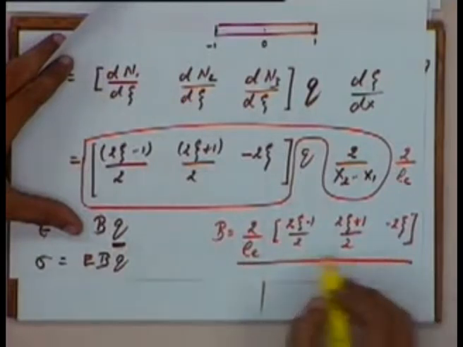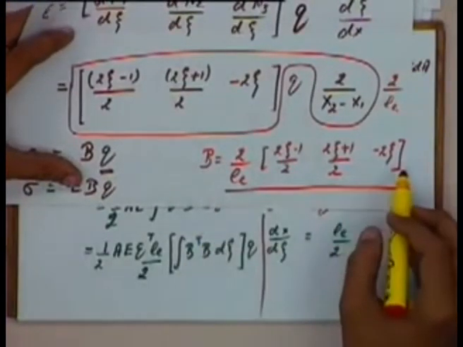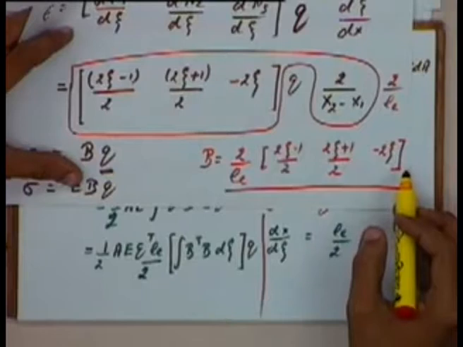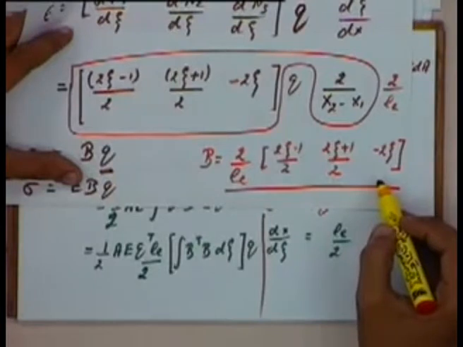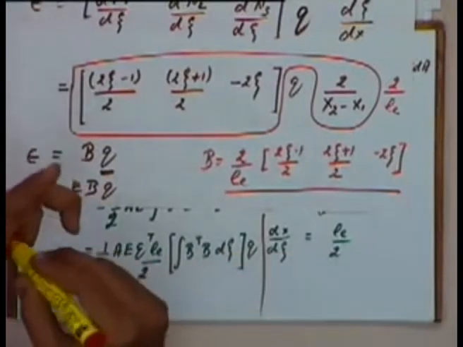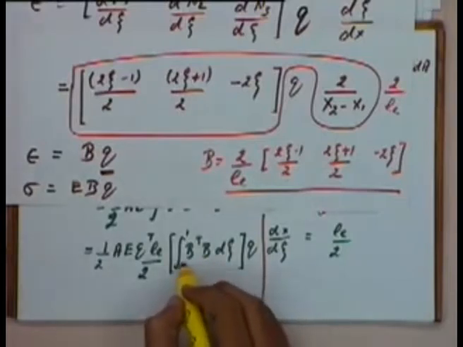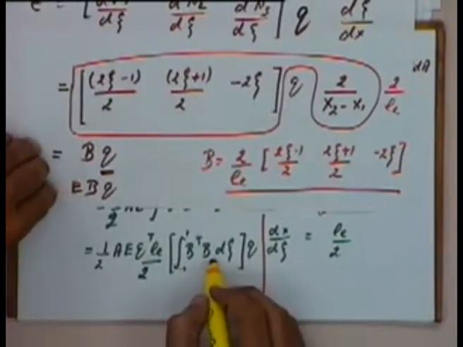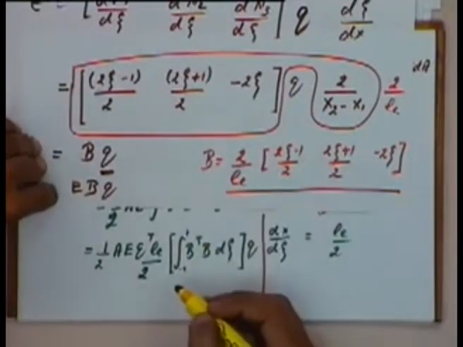So, if I do a B transpose, it will be a column matrix of size 3, and that is being multiplied by B. The product of the two will be a 3 by 3 matrix, consisting of terms in zeta, and zeta is changing from -1 to 1. So, I can carry out this integral, because it only has terms in zeta, nothing beyond that. I can expand this integral and evaluate it.